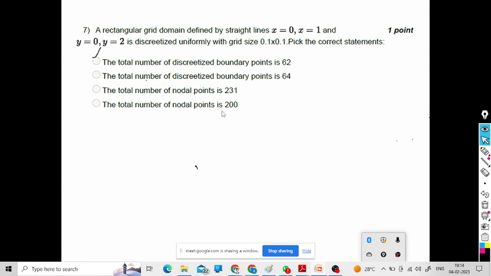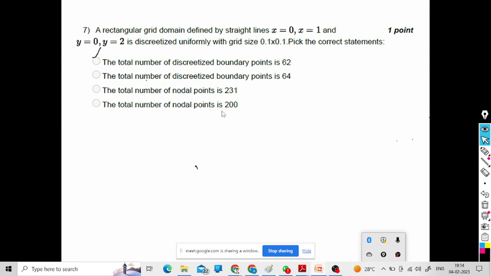So how many such nodal points or boundary points in total are there? If you calculate over here, how many grid points will be here, like boundary points? Here it will be 10, here 10, here 10, here 10, here 10, and here 10. So total we get 60.